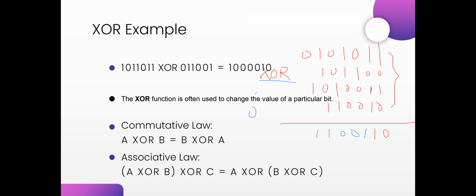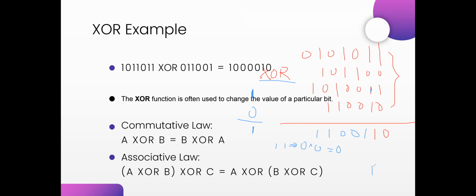If you have one 1, then you are using this 1 XOR the 0, it's going to be 1. If you have one 1 and XOR the other 0s, you're going to have 1. If you have two 1s, it's going to be 0 again. And 0 XOR other 0 is always 0.